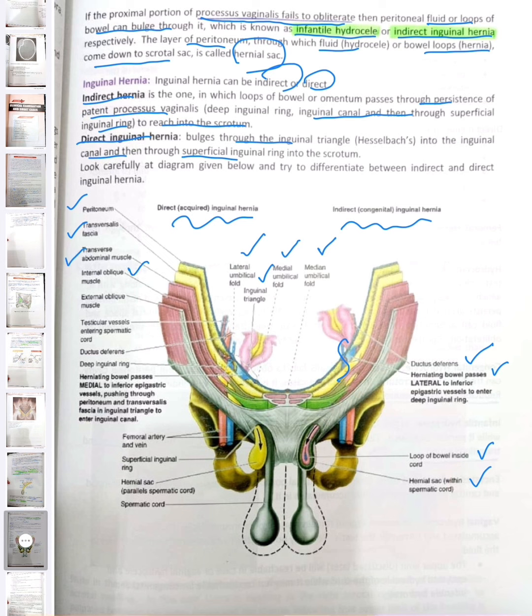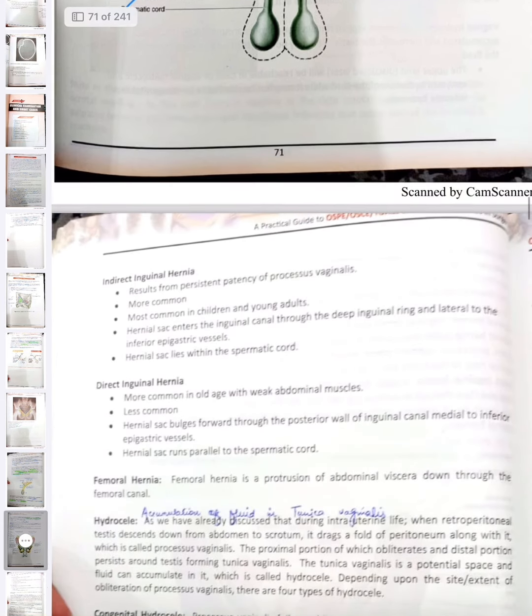This is the external oblique muscle. Testicular vessels entering the spermatic cord. This is ductus deferens. This is deep inguinal ring. Herniating bowel passes medial to inferior epigastric vessels, pushing through peritoneum and transversalis fascia and inguinal triangle to enter the inguinal canal. Femoral artery and vein, superficial inguinal ring, hernial sac, and spermatic cord.